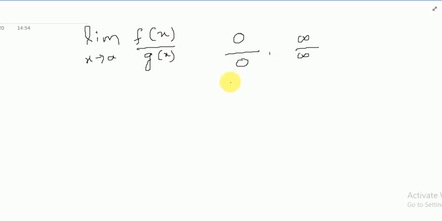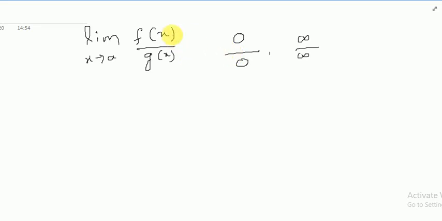So in L'Hospital rule, what we do means we differentiate numerator and denominator separately. Once again, let me repeat, we don't apply u by v rule for differentiation. We differentiate numerator as well as denominator separately until it is free from 0 by 0 or infinity by infinity, not necessarily only once.